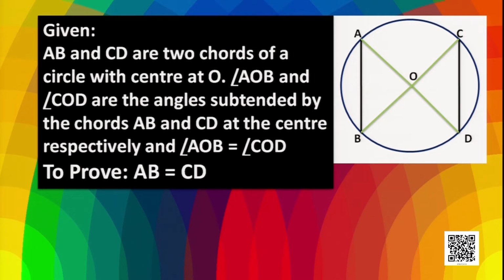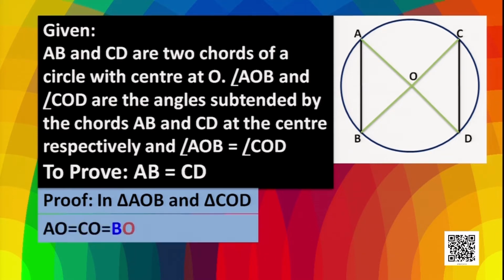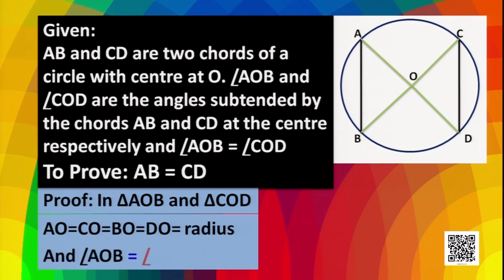Now again here we will take the same two triangles for congruency. In triangle AOB and triangle COD, as in the previous case, AO is equal to CO, BO is equal to DO, and all these four are the same as the radius of the circle. And the third condition is angle AOB is equal to angle COD.